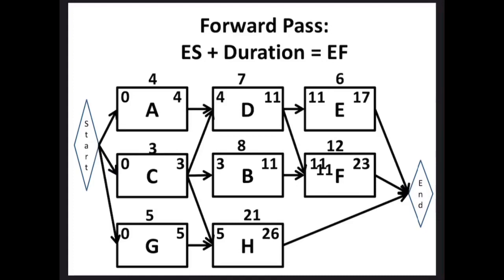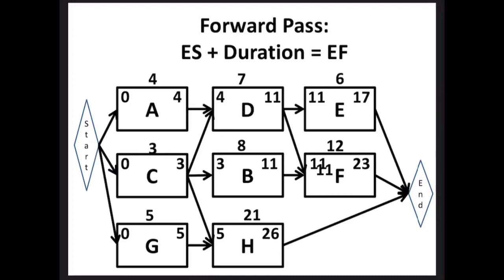It has 0 as an early start, plus the duration of 3 gives us an early finish of 3. We go down to G as in golf. Early start of 0 plus the duration of 5 gives us an early finish of 5. Great. So we're moving from left to right within our network diagram.